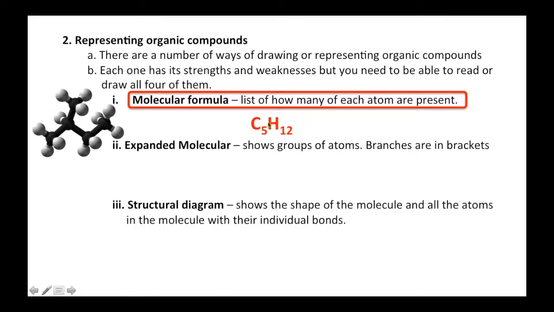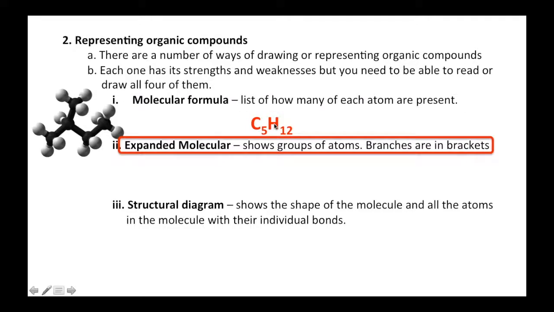But we don't have to write it that way. We could write it this way. We could use an expanded molecular formula. And this is what this looks like. So see if you can follow this. CH3, there's my CH3. And then it's connected to C with an H, which is right here, CH.